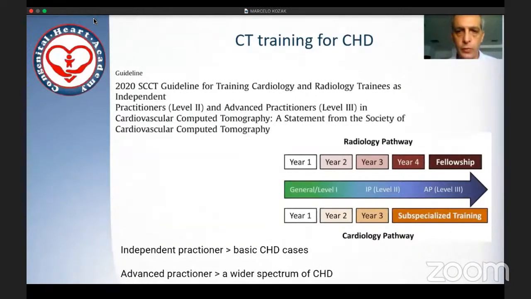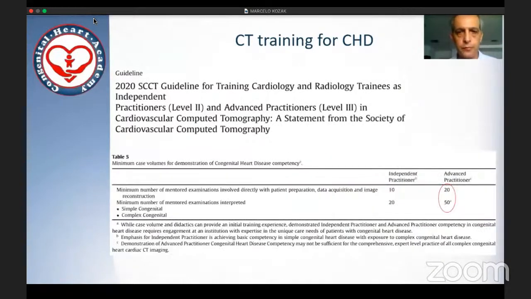The training has two pathways, the radiology and the cardiology pathway. And they divide the trainers in two levels. As you can see here, even the advanced practitioner has to have a few, not enough in my opinion, experience in congenital heart cases.